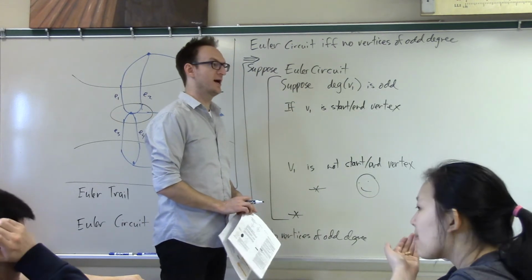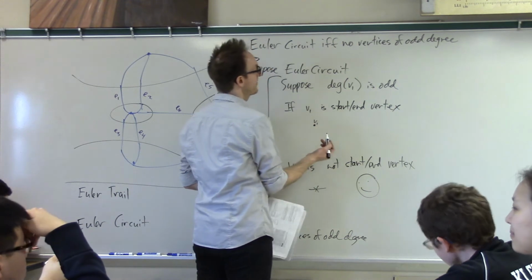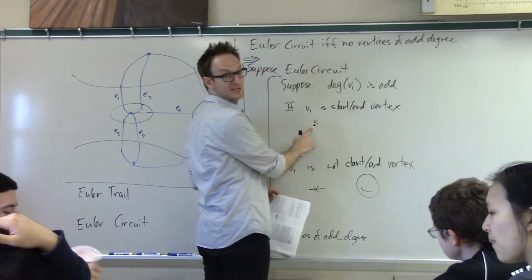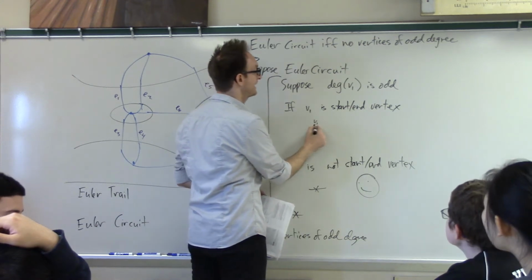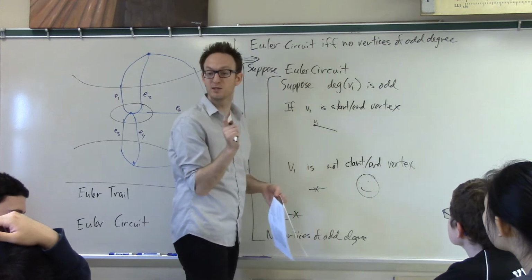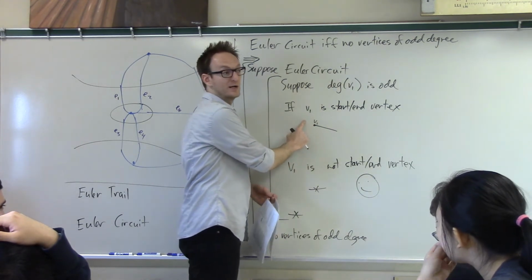Then you only have to modify the argument very slightly if v1 is the start or end vertex. Now if v1 is the start or end vertex, you still have the same problem. Suppose that the degree of this is odd. Then as we leave v1 for the first time on our circuit, we have reduced its degree by 1, so now the number of remaining edges coming out of v1 is even.